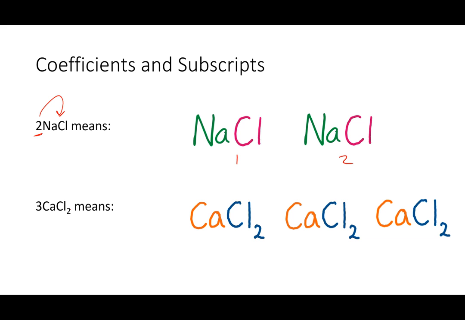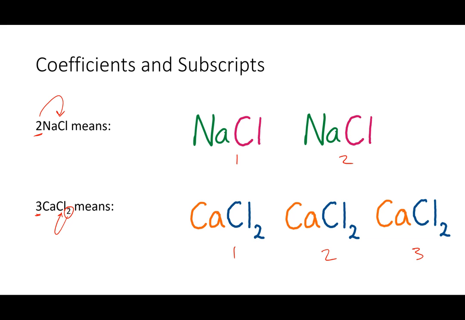Let's look at this next one, calcium chloride. If you have a 3 out in front, you have 1, 2, and 3 of these formula units of calcium chloride. However, this 2 subscript down here, what that means is that you have 2 chlorines on each of these. Okay, so the 2 here only pertains to the one that it's attached to.